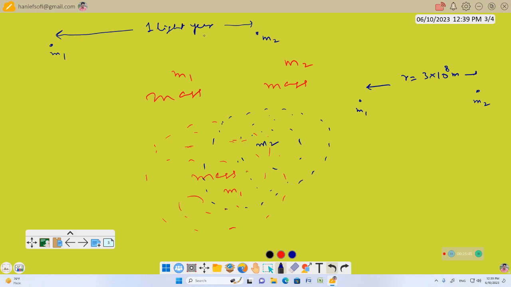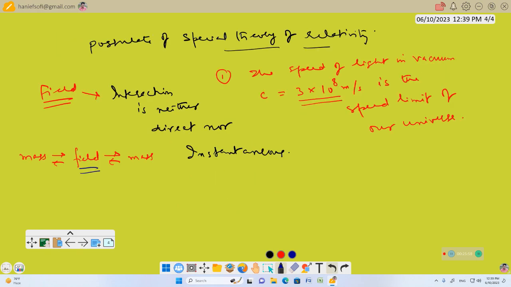Light will take 1 year to travel this much distance, and the disturbance in the field of m1 will travel at the same speed. So after 1 year, m2 will sense the movement of m1. So this field idea was introduced to make the theory gel with the speed limit set by the special theory of relativity and which has been experimentally established.